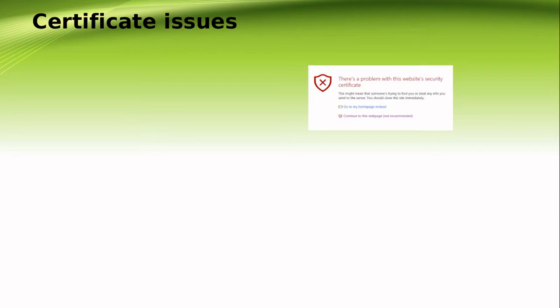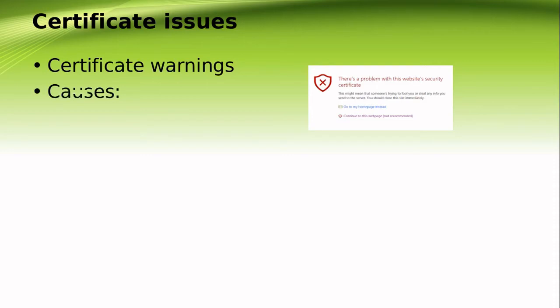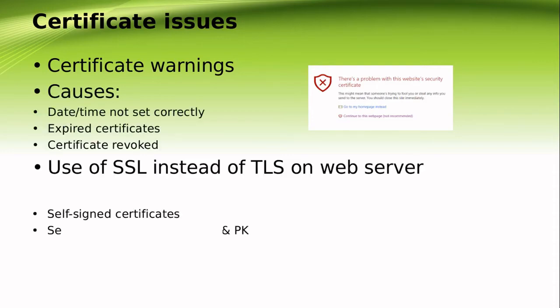They should also understand what steps to take if a certificate is used in criminal activity, CRL or OCSP, and general certification troubleshooting. You can see the certification warning. Examples are use of SSL instead of TLS on a web server, and a self-signed certificate.